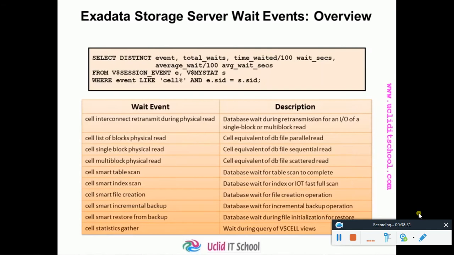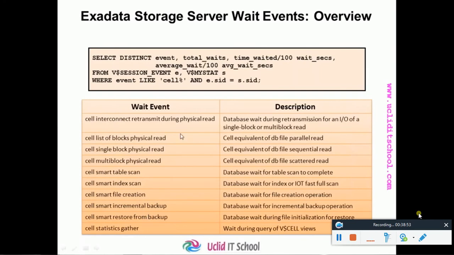Then sometimes in some queries we even use wait events. There are some wait events related to the storage servers, and all these wait events will have the cell keyword in their name. Okay, so that means they are related to the storage server.